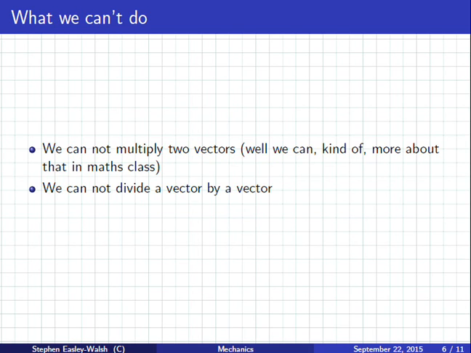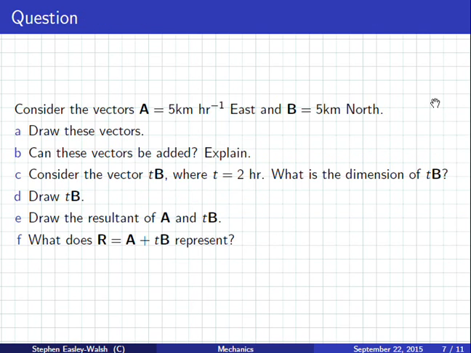So just make a note that you are not allowed to multiply or divide a vector by another vector. It is forbidden in physics, not in maths. Okay. So that's just a little bit about what we can't do.